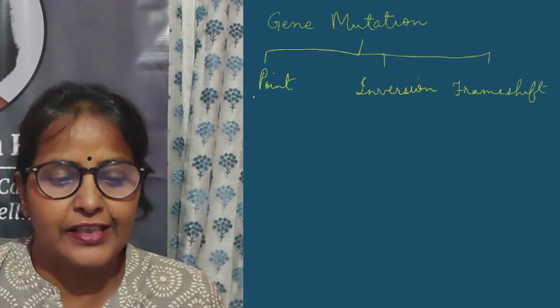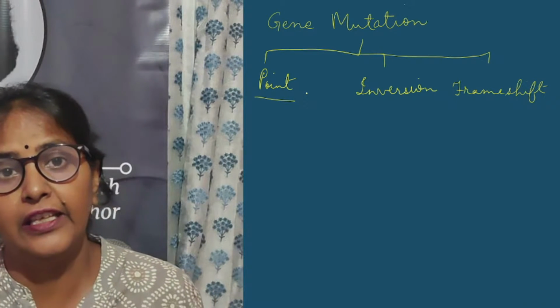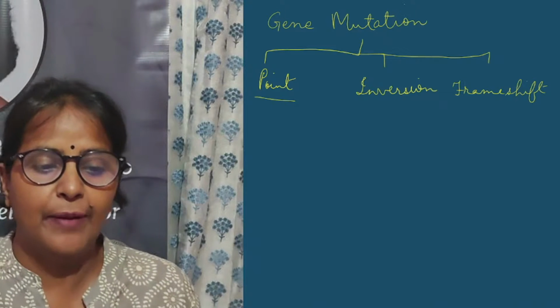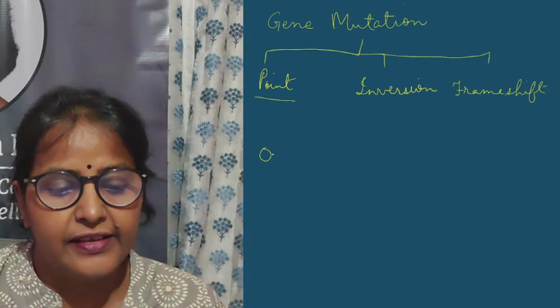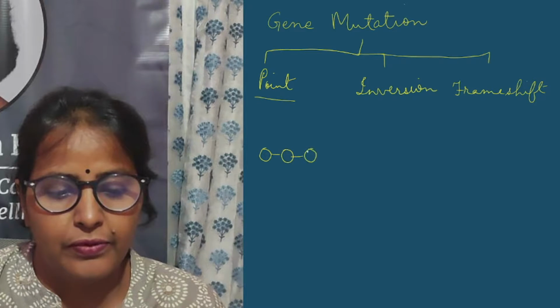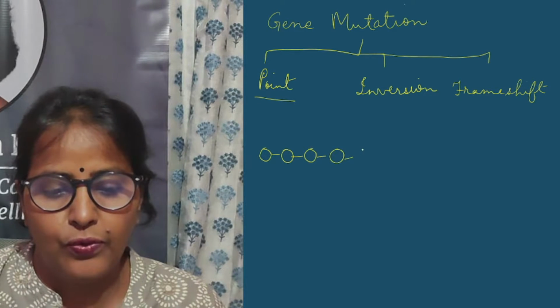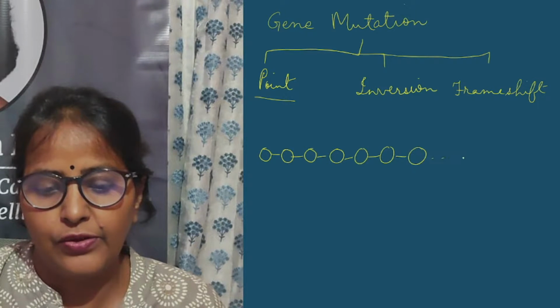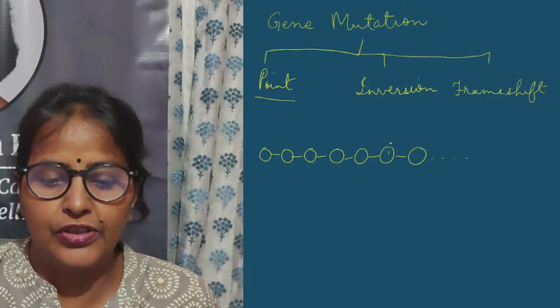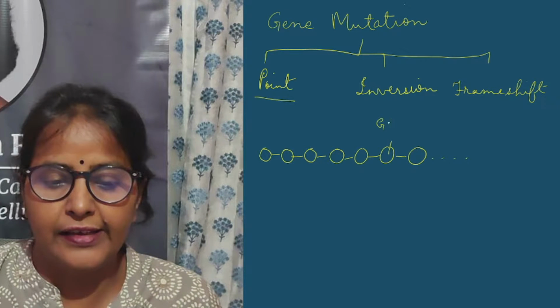We had also discussed this point mutation when we were seeing the sickle cell anemia. What happens in sickle cell anemia? At sixth position, 1, 2, 3, 4, 5, 6, 7 and so on, at sixth position, we have glutamic acid.